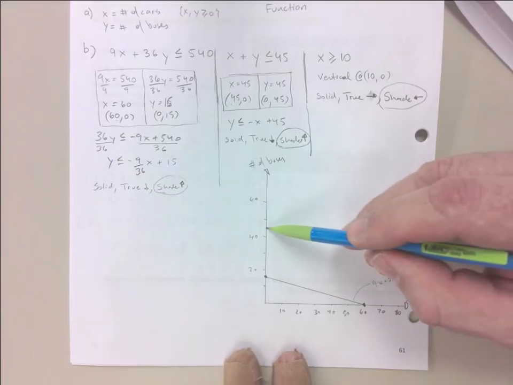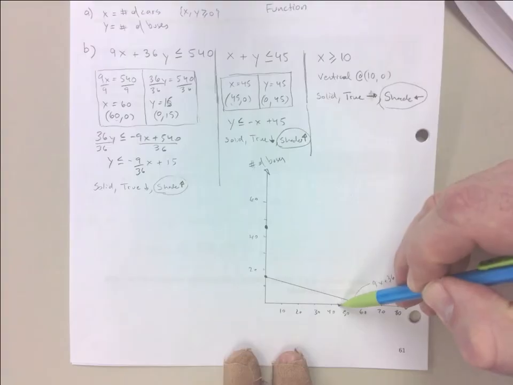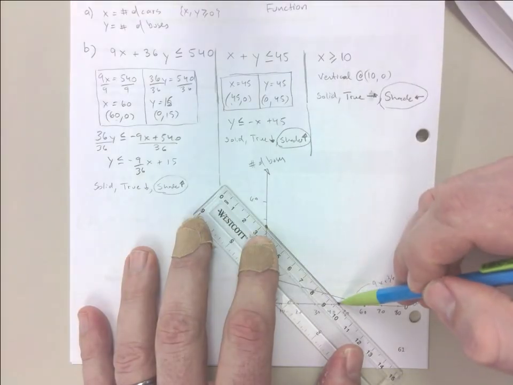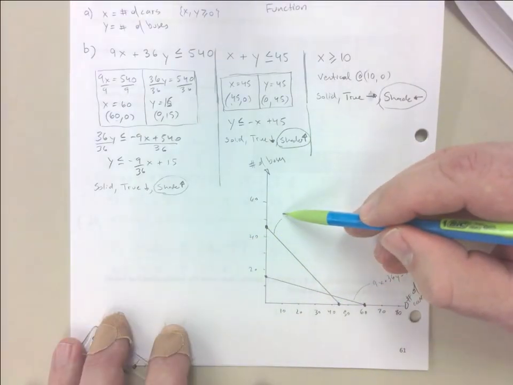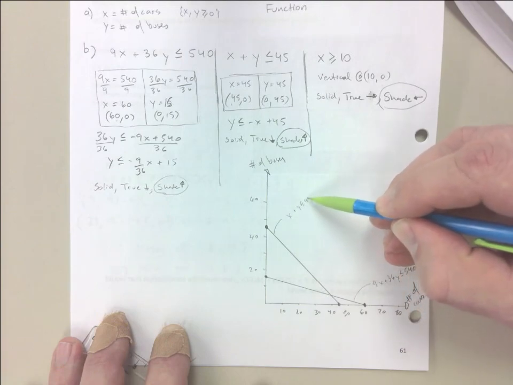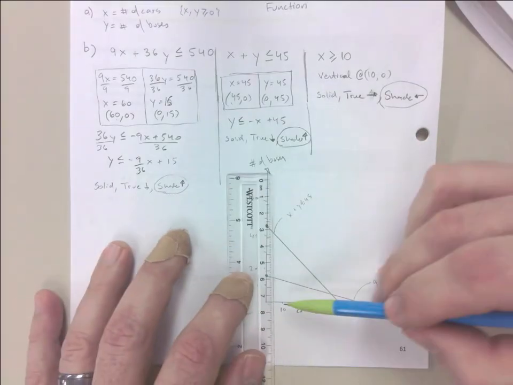Another one is 0, 45, 45, 0. This one is x plus y is less than or equal to 45. And then the 10 line is just a vertical.